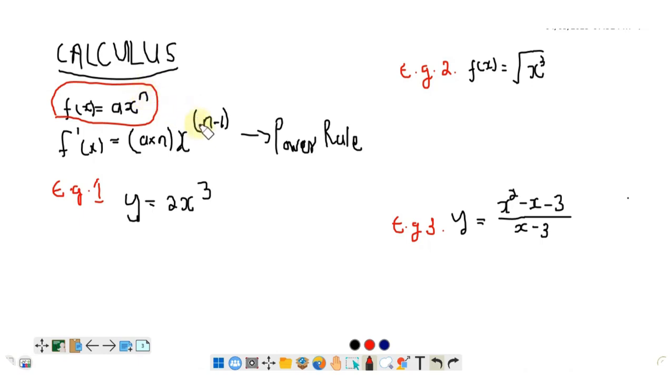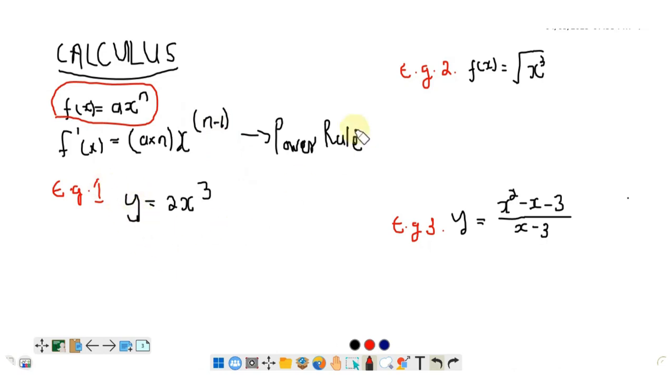Let's go over it again. When you derive, you take the coefficient, multiply it with the exponent, a times n, then you write x, and at the exponent you say n minus 1.